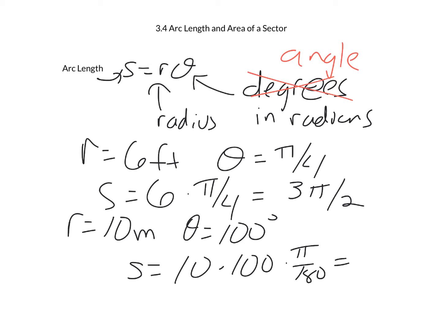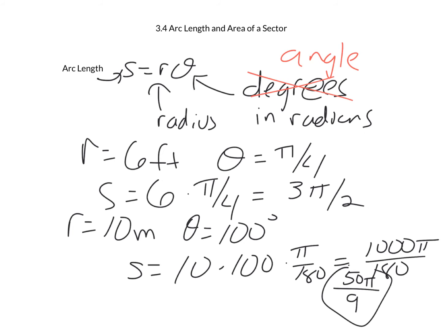That's going to equal 1,000 pi over 180. Let me reduce that a little bit. We take one of the zeros out and divide both top and bottom by 20, which will get you 9 on the bottom and 50 up top. So 50 pi over 9 would be your solution.